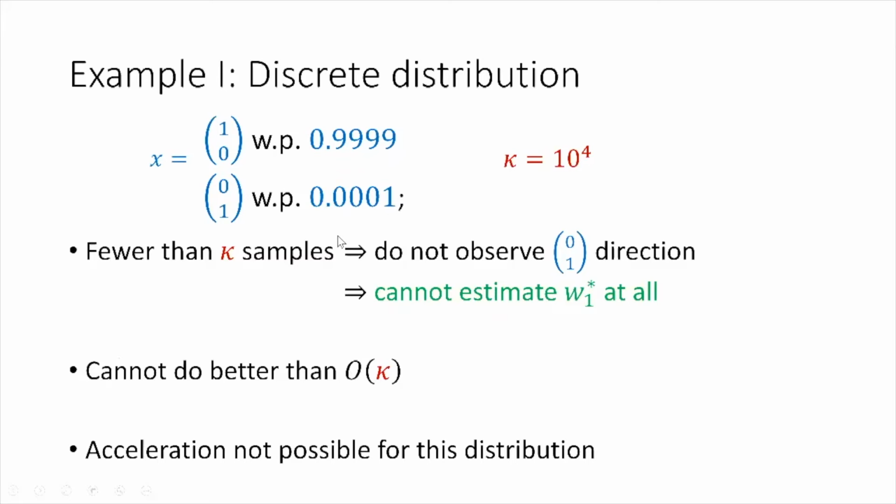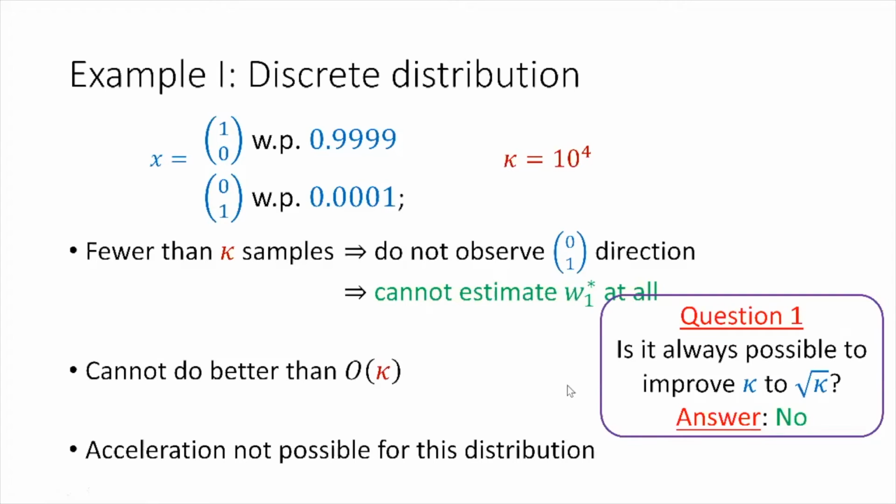Because this is the second basis vector, we cannot estimate the second component of w star at all. What this shows us is that we can do no better than a linear dependence on the condition number. So in particular, acceleration is not possible for this distribution, and so it's not possible in general. We cannot always improve the linear dependence on condition number to a square root of condition number.